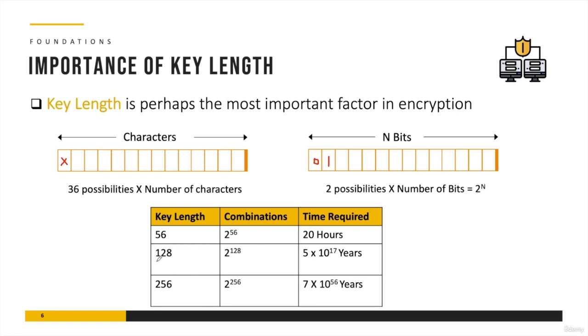But if you increase the key length to 128, the possible combinations now jump to 2 raised to the power 128, and it would take 5 times 10 raised to the power 17 years to break it using the same computer. And say if you increase the key length to 256 bits, then you have 2 raised to the power 256 different combinations, which would take 7 times 10 raised to the power 56 years. So nearly impossible to break. So the bottom line that we need to understand is that it is always advisable and in fact recommended to use long key lengths.